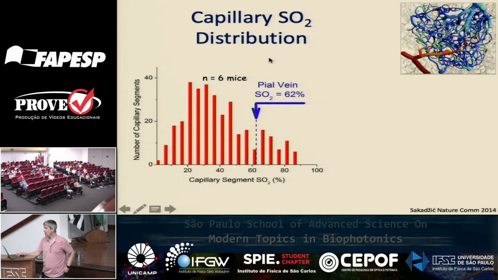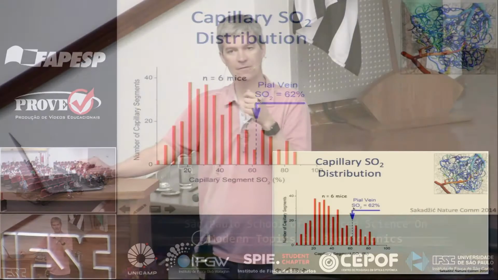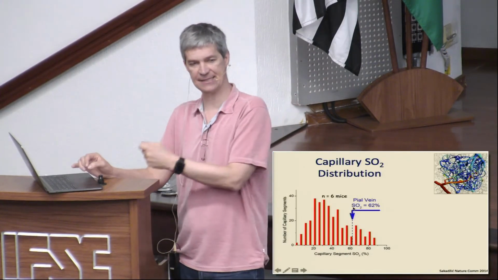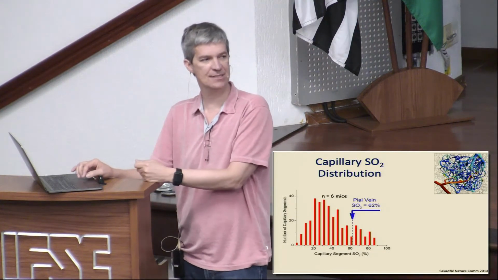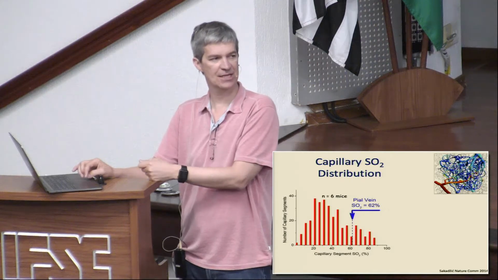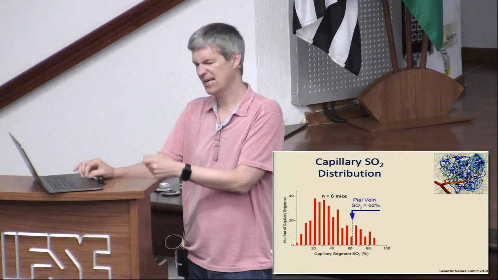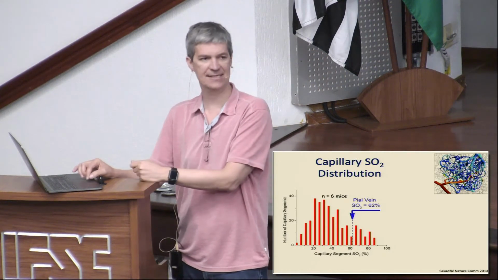So now we're just looking at the distribution of the oxygen saturation in the capillaries. Here's the venous PO2 of the draining vein, 62%. This is remarkably consistent across length scales, across species. If you measure venous oxygenation in humans and animals, it's always between 60 and 70%.